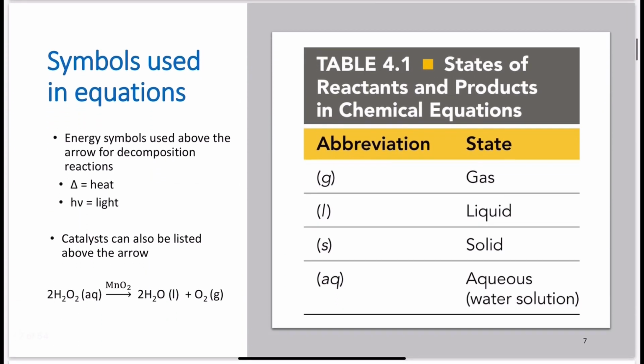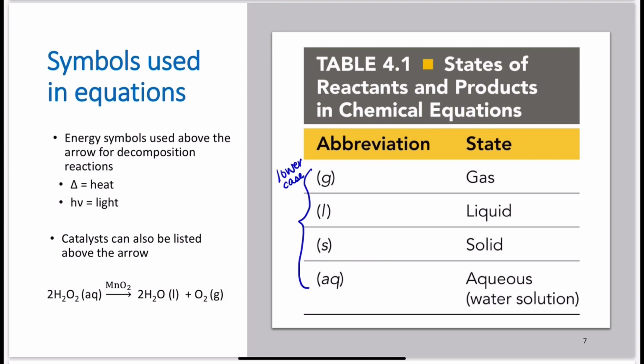Okay, so let's look at some symbols, because we do have to be able to write the phase notation as well, and so you should be able to write these in your reactions. Some of these you're going to get just from the context of the question itself, some of these you're going to get as you learn more chemistry, but you should be able to write the phase notation for the species you have, and that is important for the overall reactions. Notice these are all lowercase, so you should have lowercase letters written.